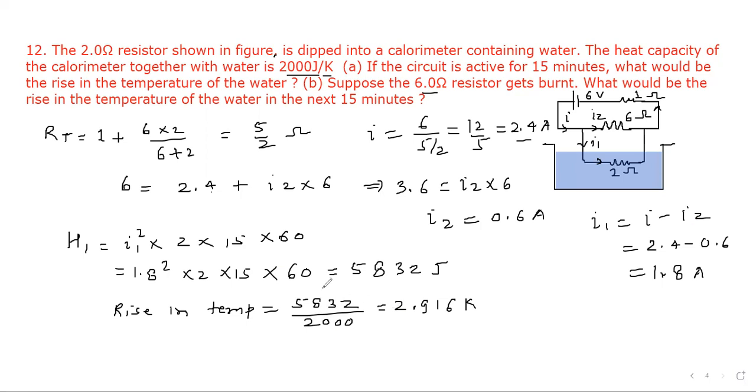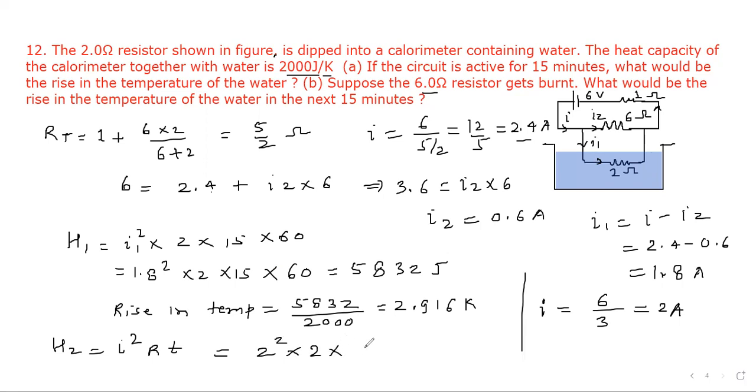or degree centigrade. And now, when this 6 ohm resistor gets fused, in that case, only the 1 ohm resistor and the 2 ohm resistor will be left and they will be in series. So in that case, what will be I? I will be 6 upon 3, that is 2 ampere. Now, the heat produced through this 2 ohm resistor: I square R t. So I will be 2 square, resistance will be 2, into time 15 into 60.